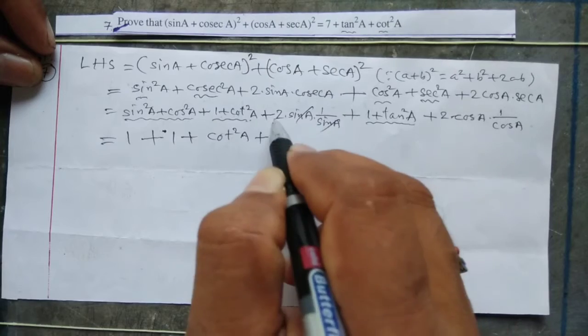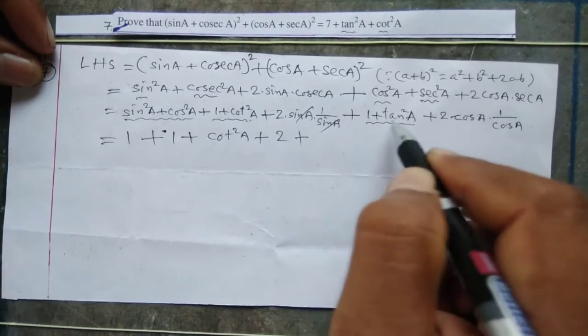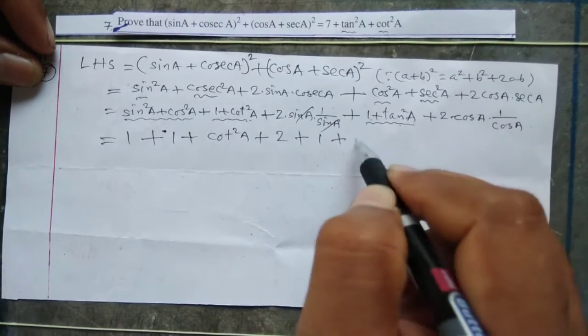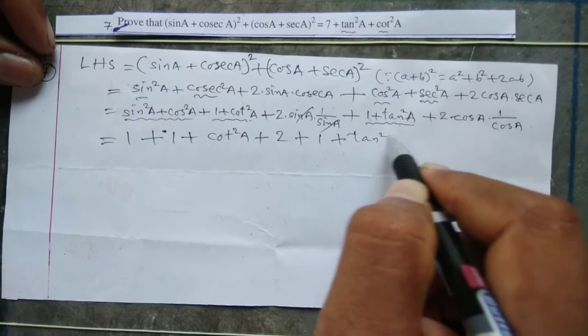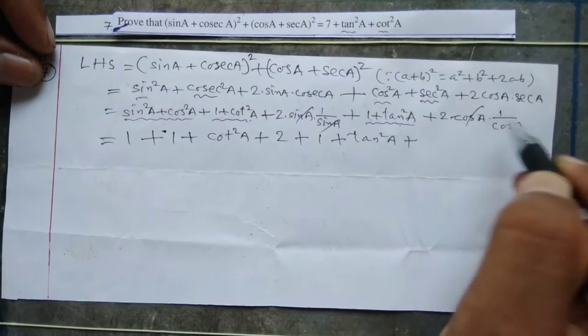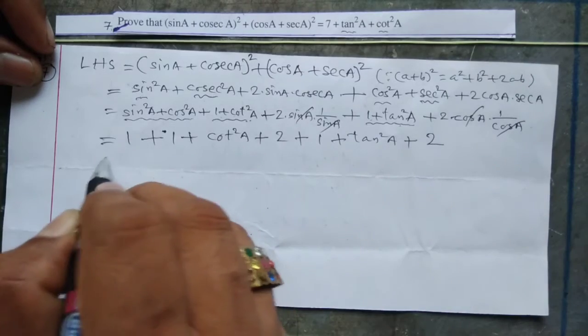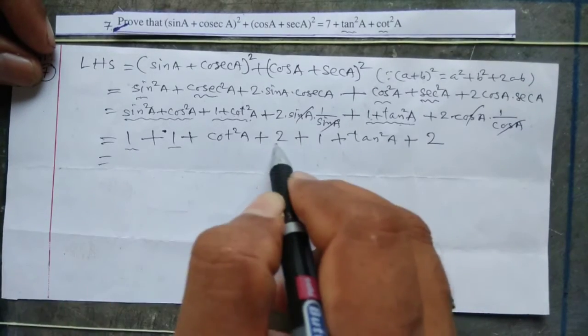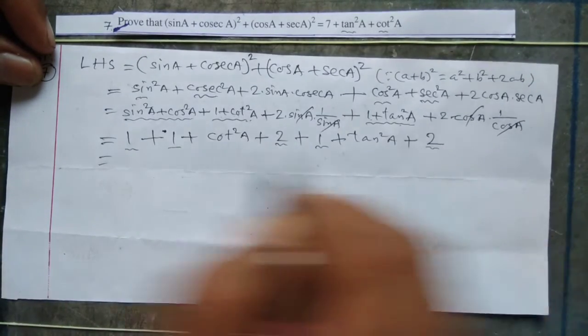This sin cancels. Here 2, here 1, tan square A, cos cancels, plus 2. 1, 2, 4, 5, 7.